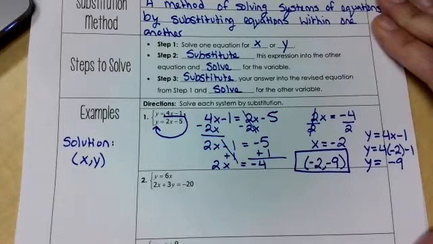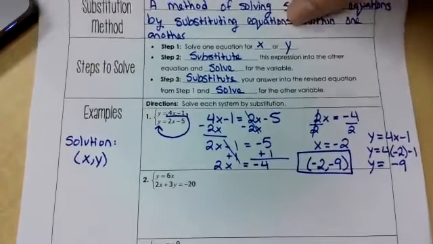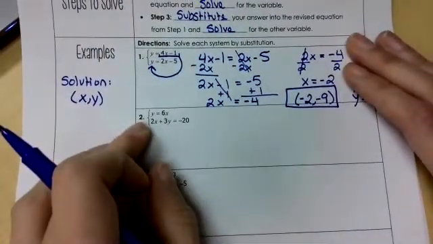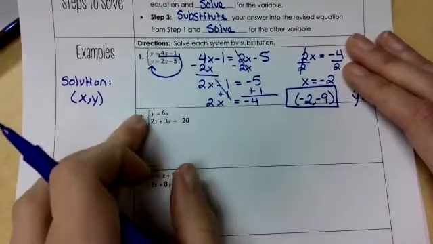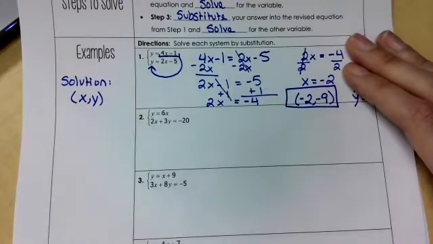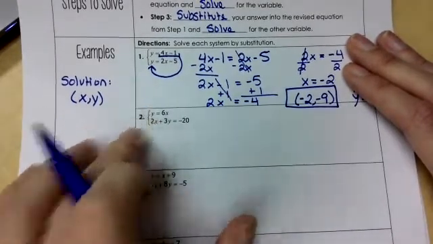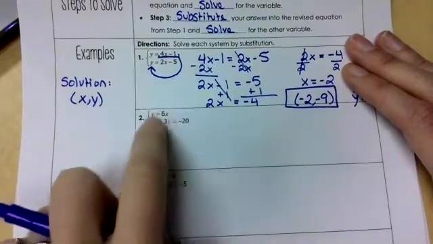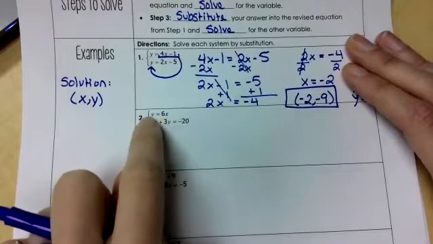All right, awesome job. So let's do another one together. So step one is always to take a look at your equations and solve for one variable in one of the equations. If I take a look at my two equations here, this one would be kind of hard to solve for, but this first one is already solved for. Y is by itself.